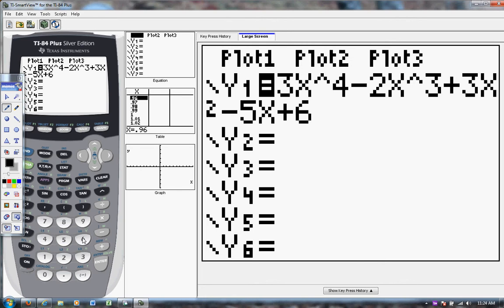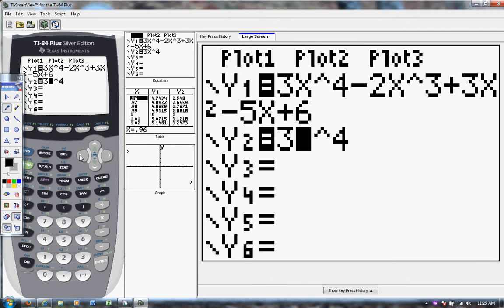Okay, I'm going to put that one in as my y1. And then as my y2, I'm just going to put in 3x to the fourth. Now let's make this second one bold. So scroll over to the left of the y2 to where that little line is and hit enter. That will make it bold.